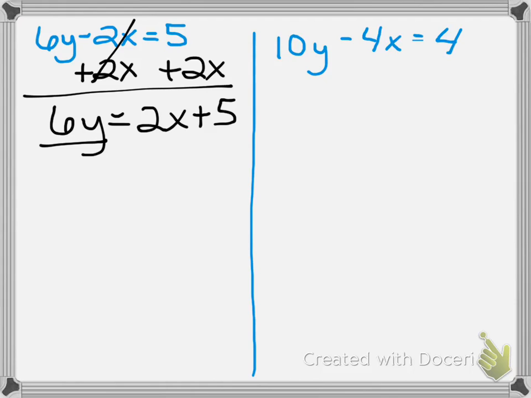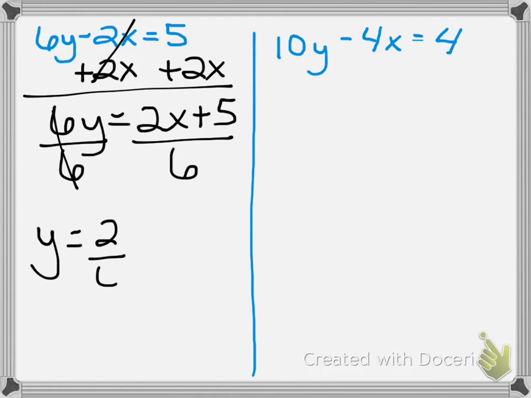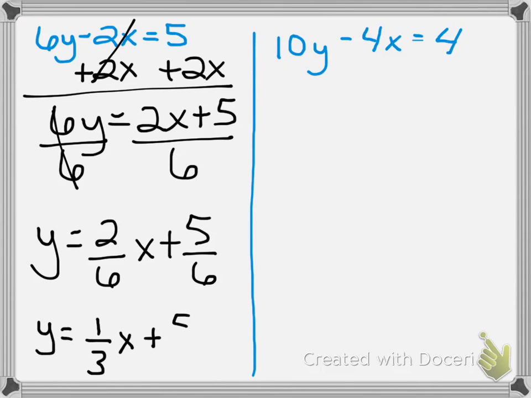I got to get my y alone, so I'm going to divide each side by 6. I'll get y equals 2 over 6x plus 5 over 6. 2 over 6 will reduce, so I'm going to get y equals 1/3 x plus 5 over 6.